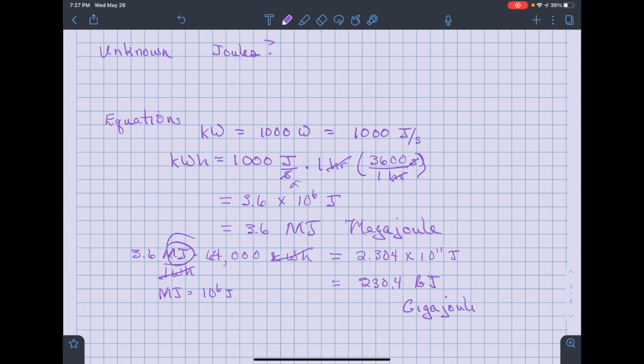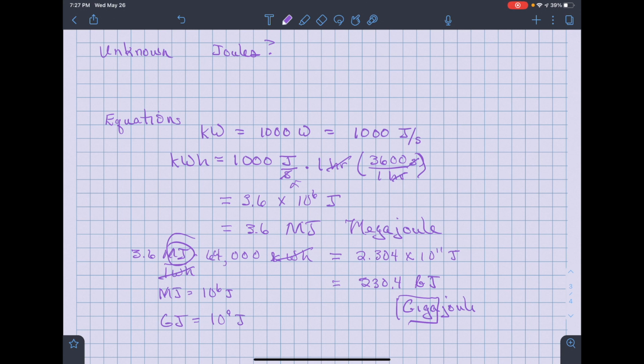Where a gigajoule is 10 to the ninth, or 1 billion joules. That's what, again, the prefix giga means, 1 billion, 10 to the ninth.